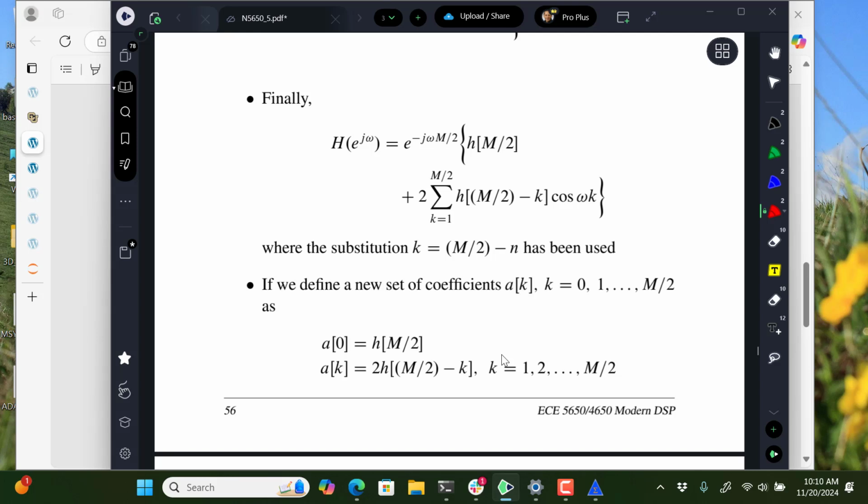You have some phase term out in front, and then in the middle of that you've got something that's purely real, because you only see cosine in there and the coefficients are going to be real. So that means the magnitude of that could at most change sign, but that could be grouped into the phase response if you wanted to. So that's the conditions to make generalized linear phase, something that's a pure magnitude of a desired response, and then an e to the j something term.